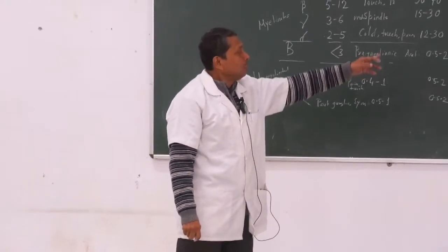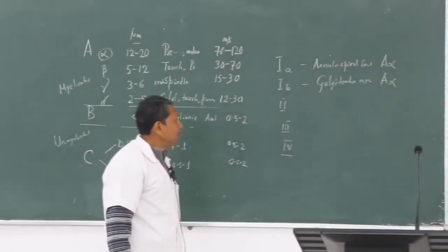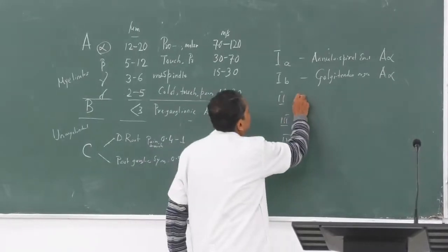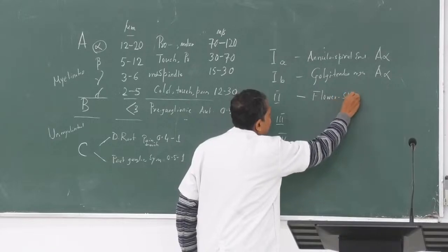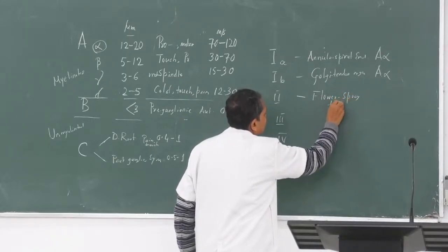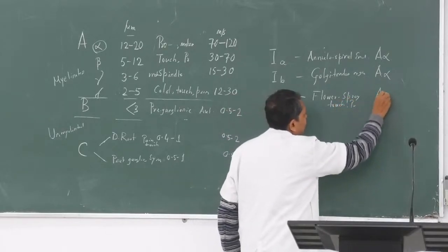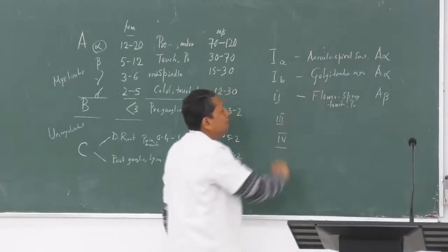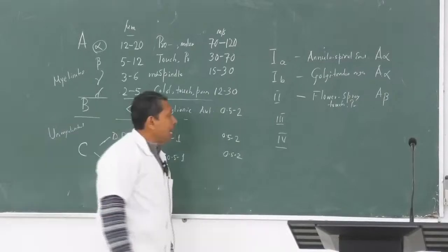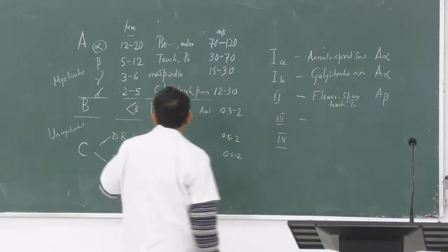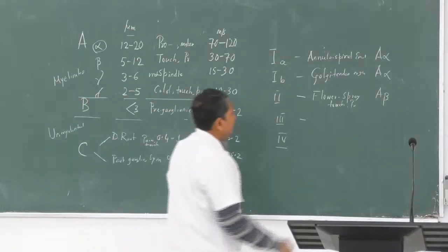So annulospiral ending and Golgi tendon organ correspond to that of this system. And 2 is, suppose, flower spray ending, touch pressure. These correspond to A beta. Flower spray ending of the muscle spindle, touch pressure, they correspond to A beta. And in this case, it is the A delta, crude touch, pain, A delta.